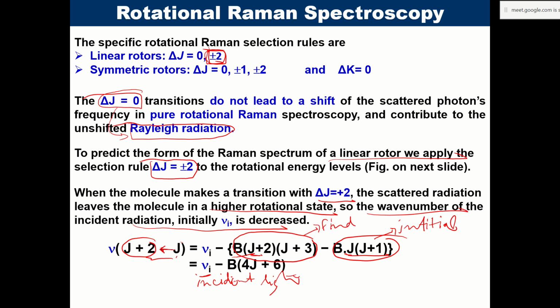So that is where you will observe the change in the frequencies. This is the frequency of the light that will be observed in the scattered radiation when a rotational transition has happened.